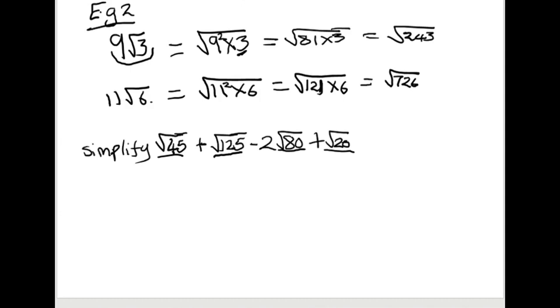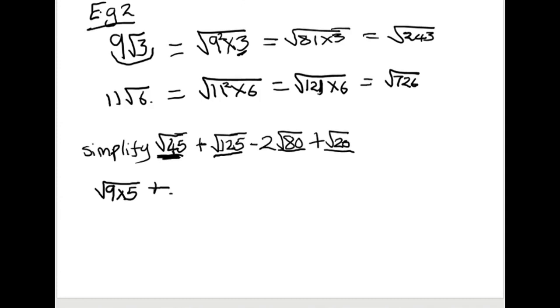So starting from 45, what are the two numbers that when we multiply them, one should be a perfect square, that will give us 45? The highest common factors of 45 that will be multiplied to give us 45 are 9 times 5. 9 times 5 is 45.